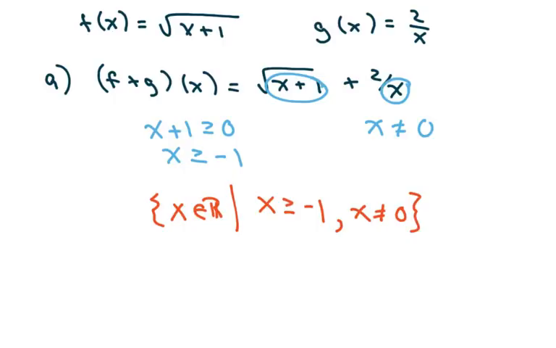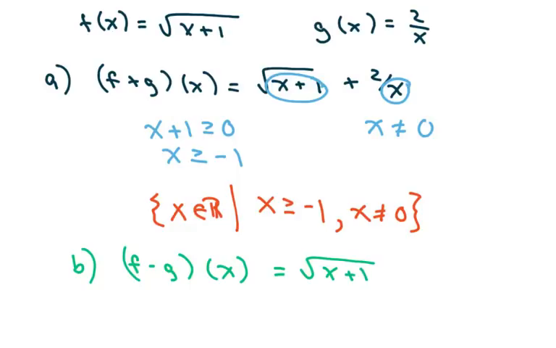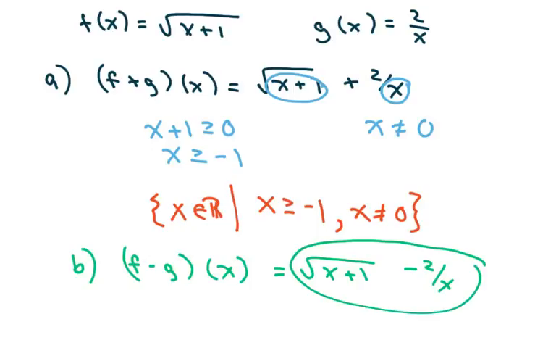Okay, for the minus, it's going to be the same thing. I'm just going to squeeze it in here. f minus g of x, and you get the same type thing here. Ooh, why did I put 3? Okay, that's x, excuse me. And basically, this is the same domain. Now let's do the times.